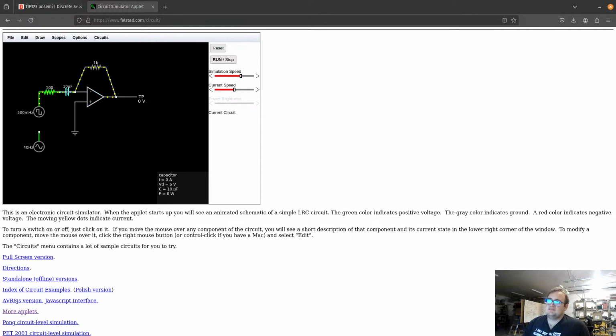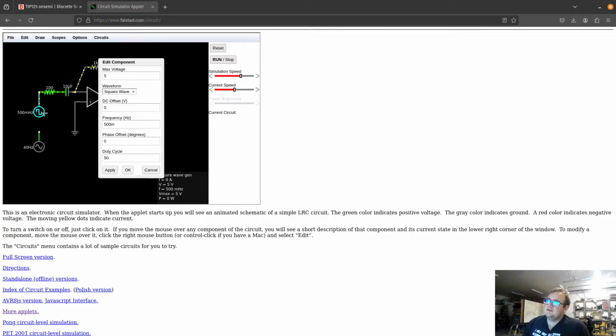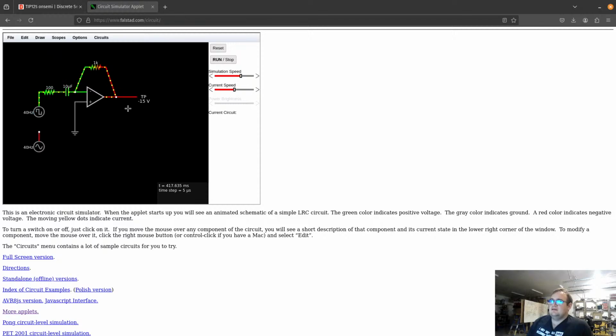So we reach some sort of an equilibrium there. Edit. Oh. Okay, let's just increase the 5. Okay. Minus 5 volts.